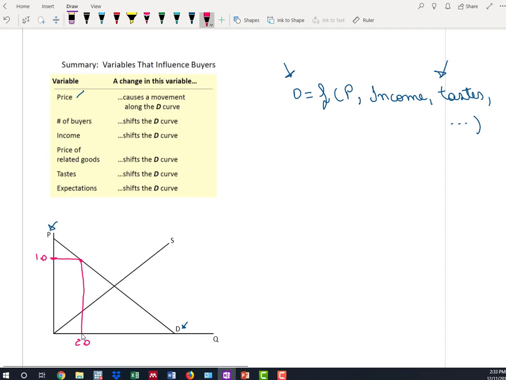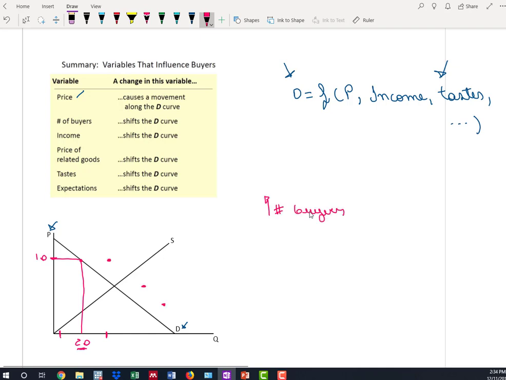So the trick to decide if the demand is going to shift to the right or to the left is the following. Think about that. If you increase the number of buyers for one hypothetical price, in this case 10, do you think that the quantity demanded is going to go up around here or down around here?